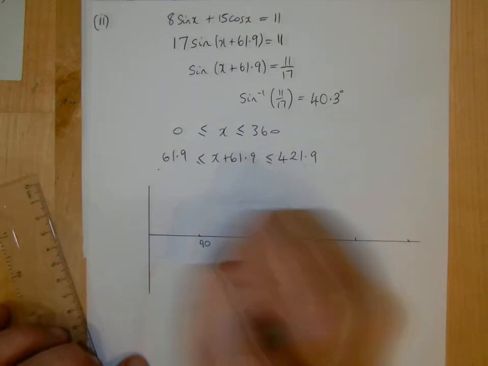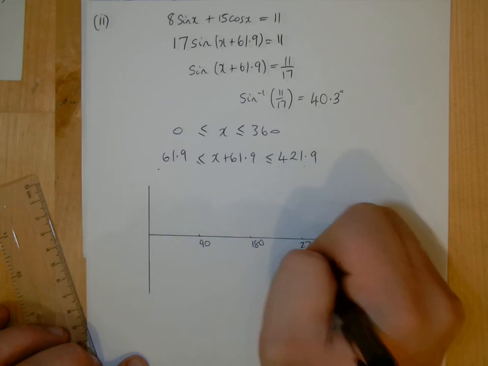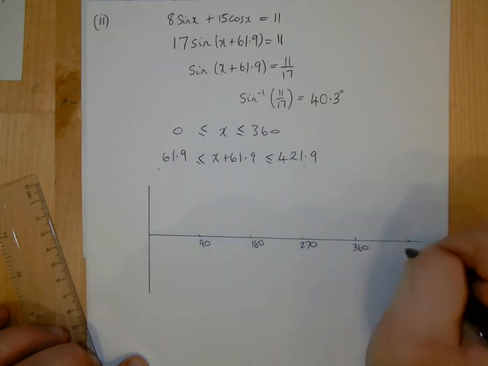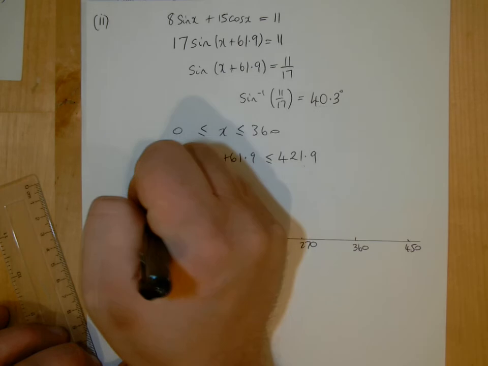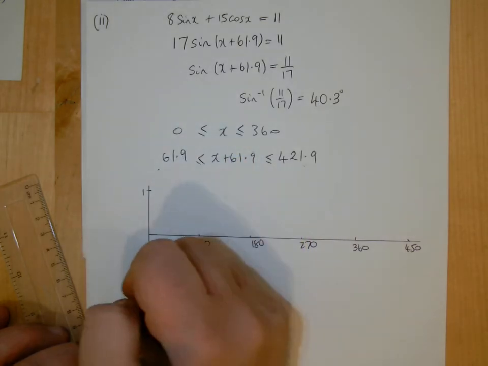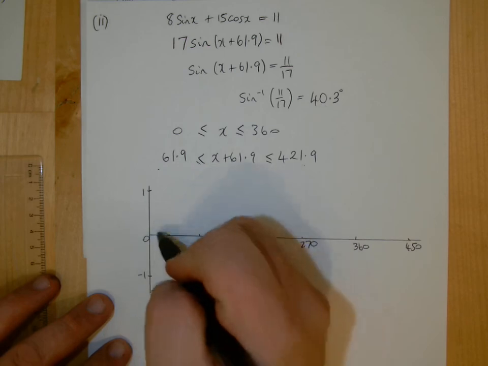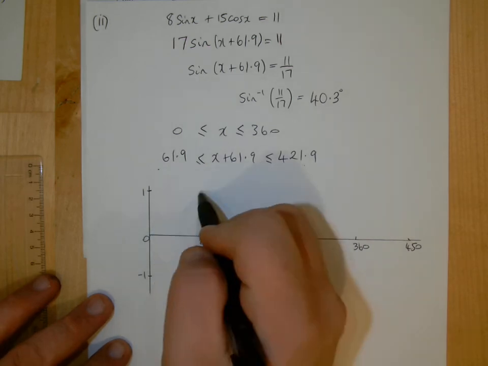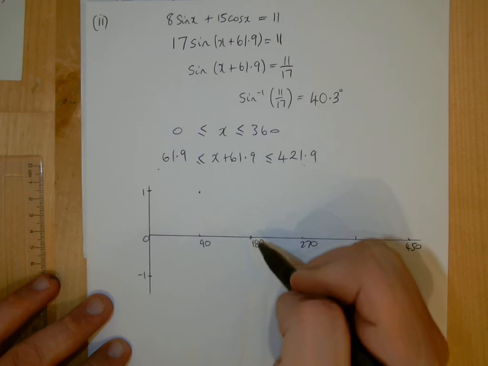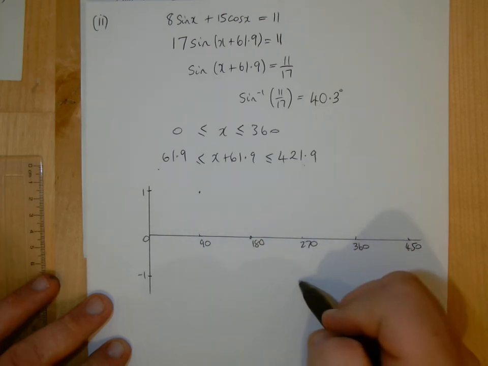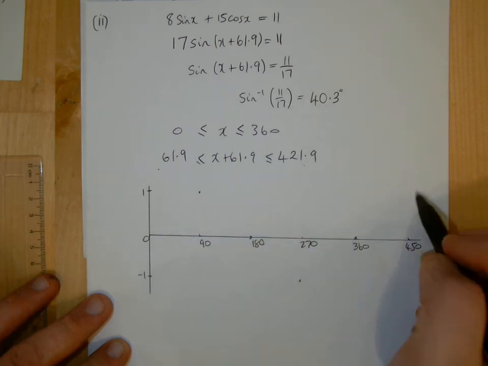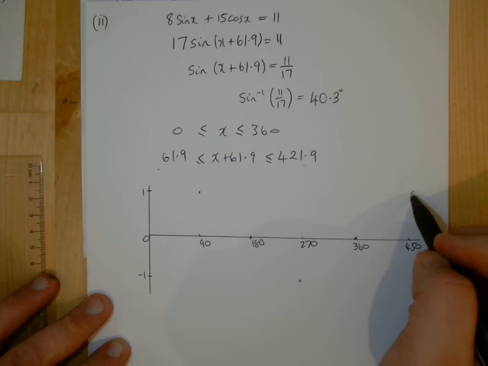So I've got 90, 180, 270, 360, 450, 1 here, and minus 1 there. So sine of 0 is 0, sine of 90 is 1, sine of 180 is 0, sine of 270 is minus 1, sine of 360 is 0, sine of 450 is 1.